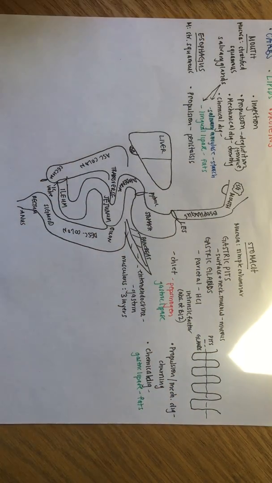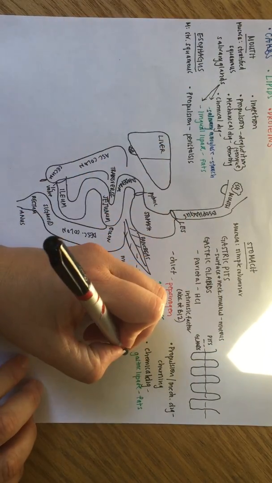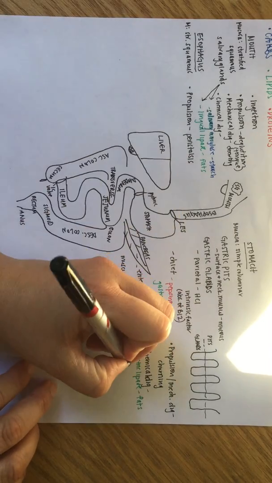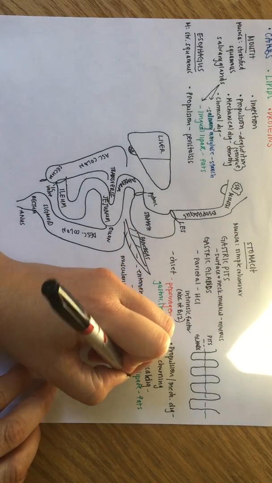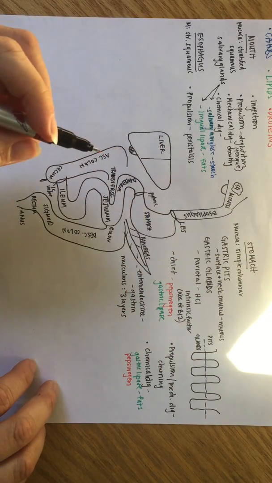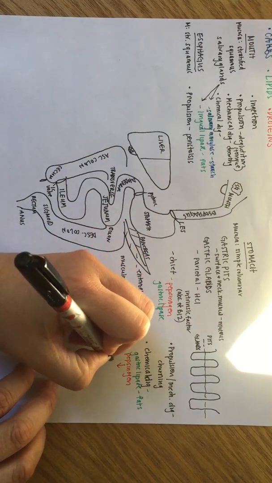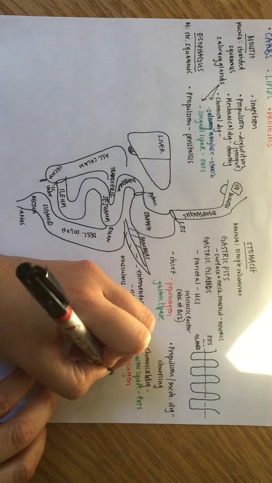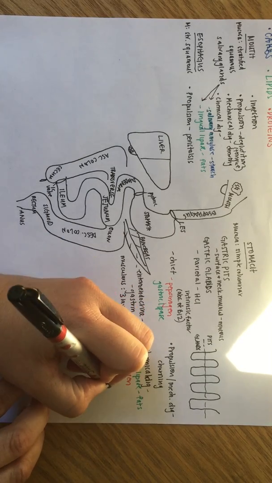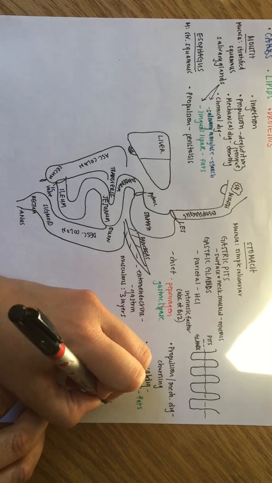And remember, when I say digest, chemically or enzymatically, that means we're actually physically breaking bonds. And then we're also going to secrete pepsinogen. But as I said, pepsinogen is the inactive form. So pepsinogen needs to be activated to pepsin. And pepsin is what is then going to actually digest proteins.